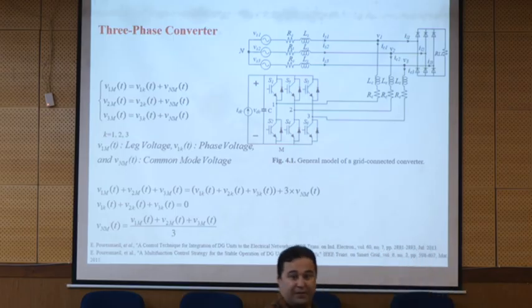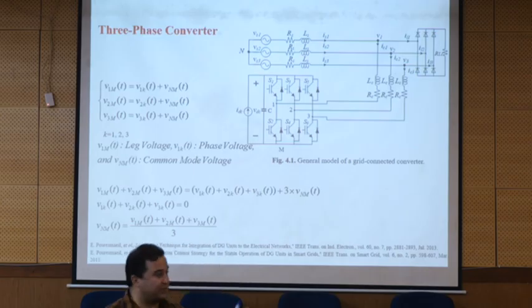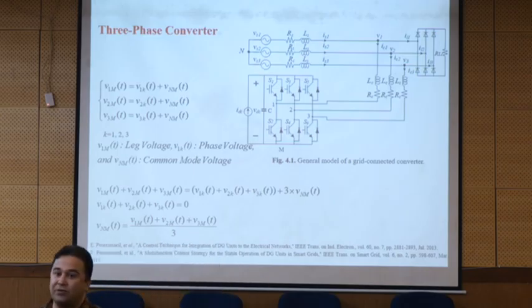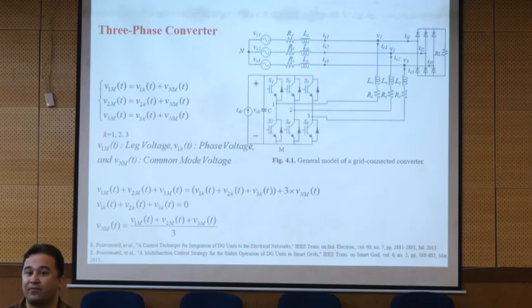So when this happens, Costa, tell me what is happening. What is the meaning of 1, 0, 0? It is whether the switch is on or off. Exactly. So when we say 1, 0, 1, it means that S1 is on, S3 is off, S5 is off, S2 is off, S4 is on because they are complementary, and S6 is on.